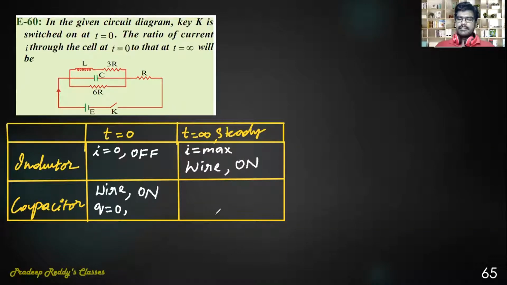After steady state is achieved, the capacitor is fully charged. As the capacitor is fully charged, even though you are connecting it to a battery, it does not transfer any charge. As it is not transferring any charge, the current in the circuit I will be equal to 0. It acts like an open switch. Therefore, it is in switch off condition.